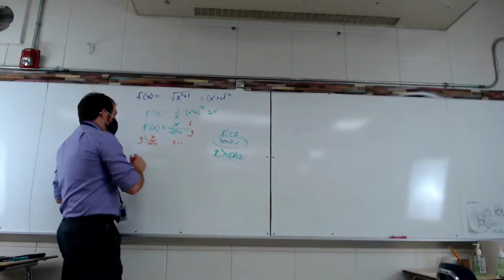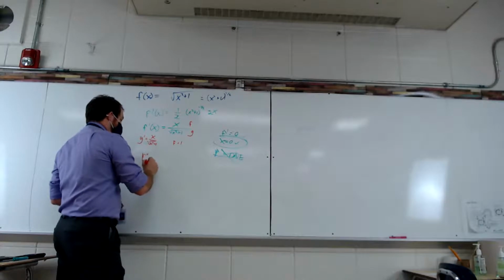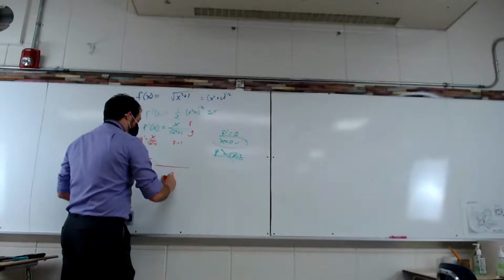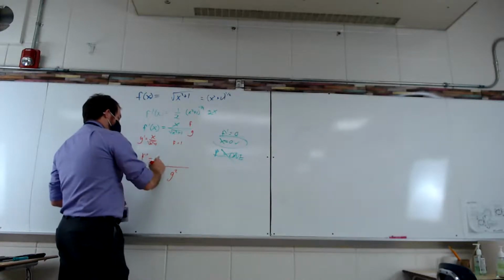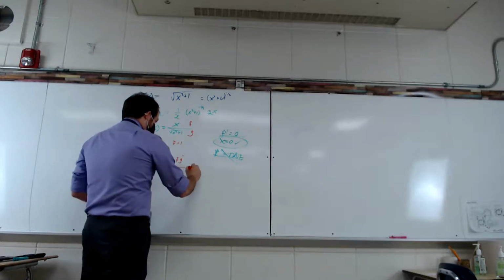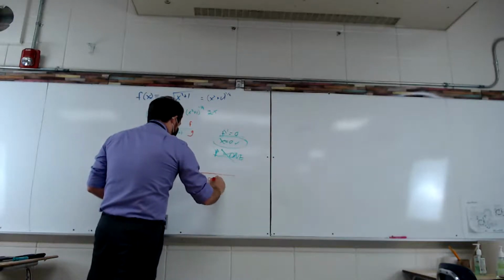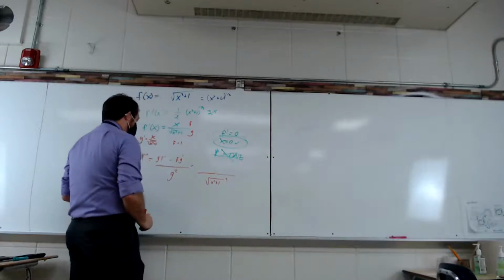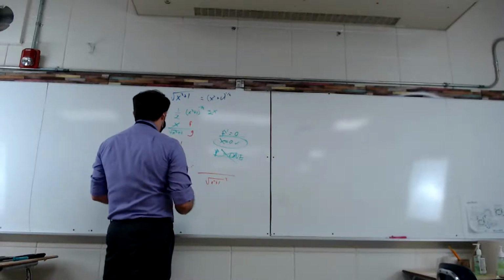Okay, so when we set up our quotient rule here for the second derivative, we're looking at g squared on the bottom, and on top g f derivative minus f g derivative. So on the bottom here, we're going to have square root x squared plus 1, quantity squared. On the top, the first part's going to be easy.